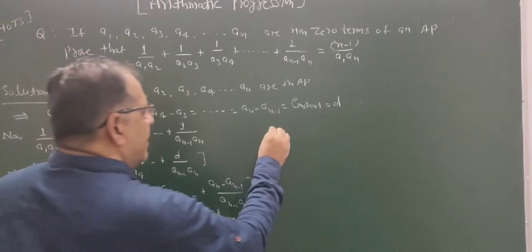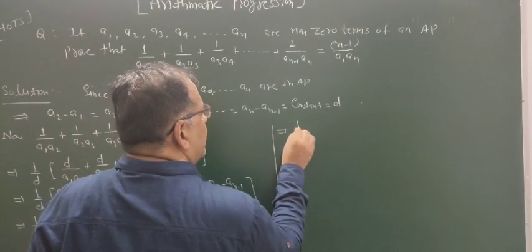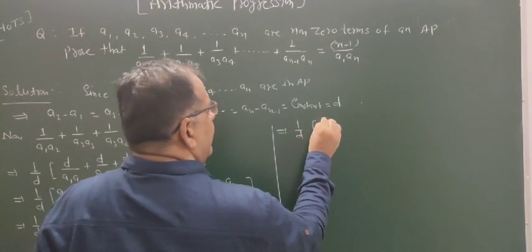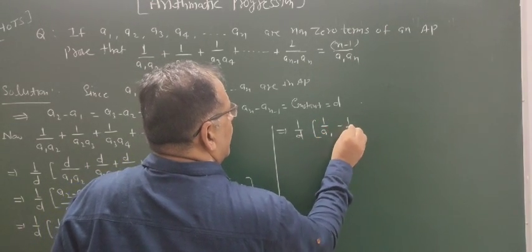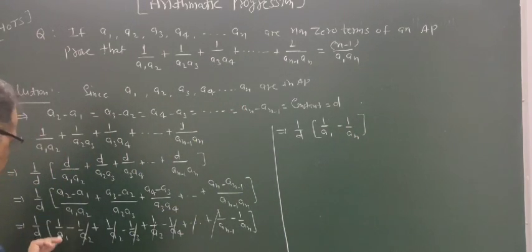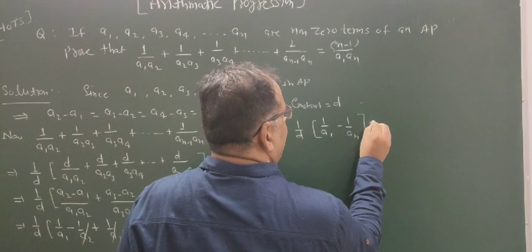We have here finally, after the cancellation, 1 upon d outside, and inside the bracket 1 upon a1 minus 1 upon an. Okay, 1 upon a1 minus 1 upon an. Take the LCM here.